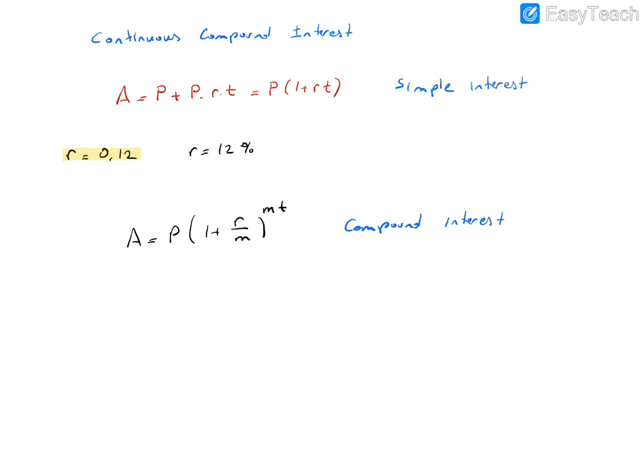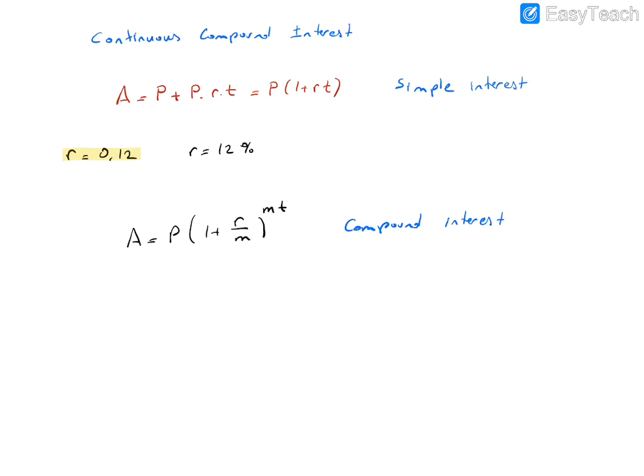Suppose that P, R and T in this equation are held fixed and m is increased. Will the amount A increase without bound, or will it approach some limiting value? In the lectures we discussed that it is limited.